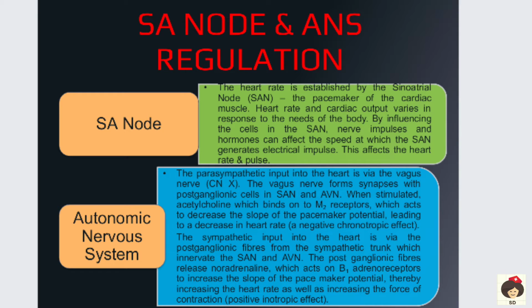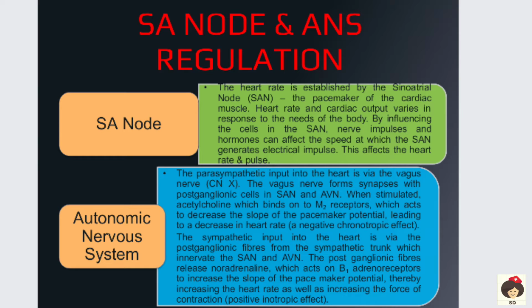Coming to the regulation, first is the SA node and the ANS. The SA node is the sinoauricular or sinoatrial node, and ANS is the autonomic nervous system regulation. The SA node is called the pacemaker of the heart. Whenever this SA node is triggered, the heart will start contracting, and thereby there will be production of pulse.